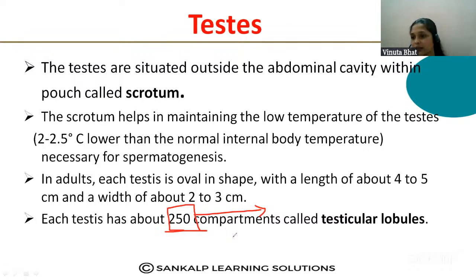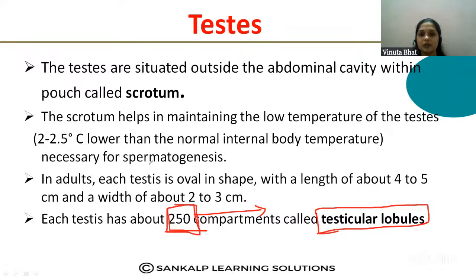Around 250 compartments are present. They are called testicular lobules. This is also very important.